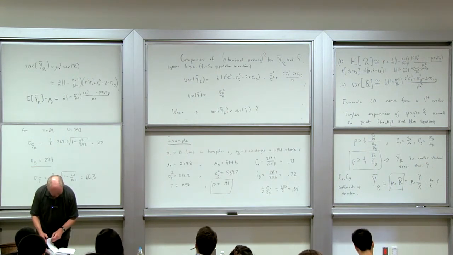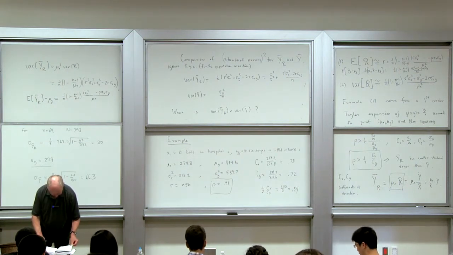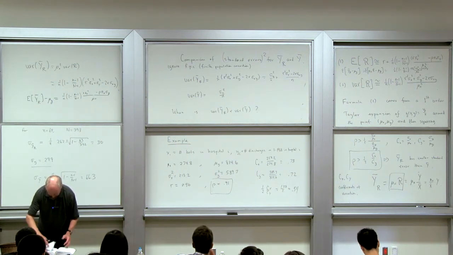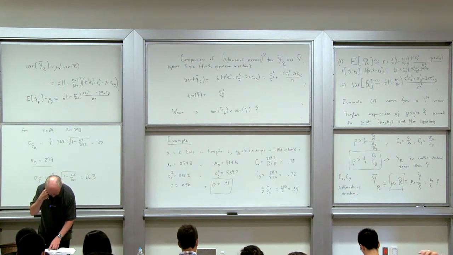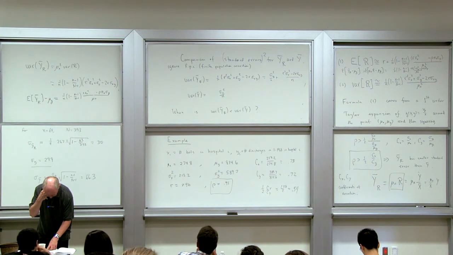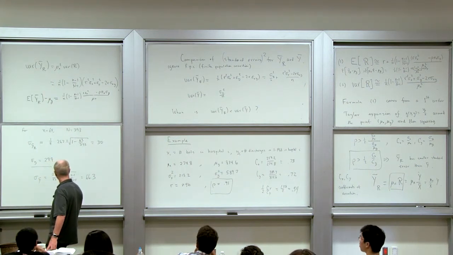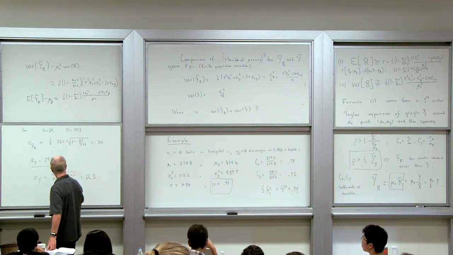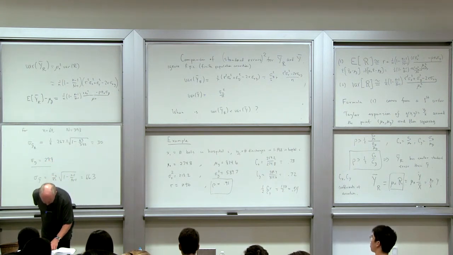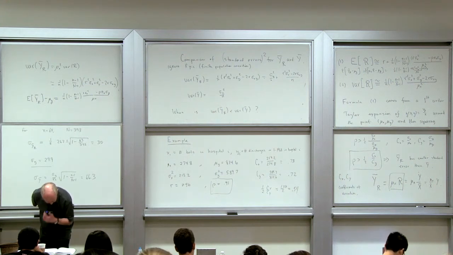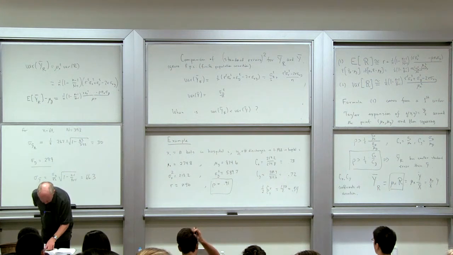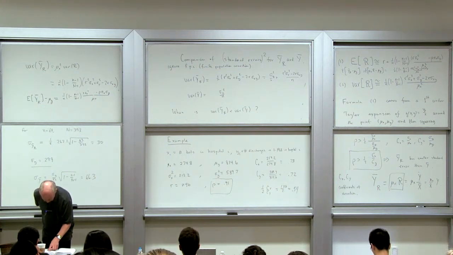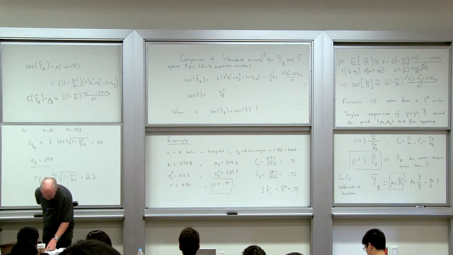Let's see. Y bar. Oh, I see. Actual standard deviation of the 500 samples displayed.